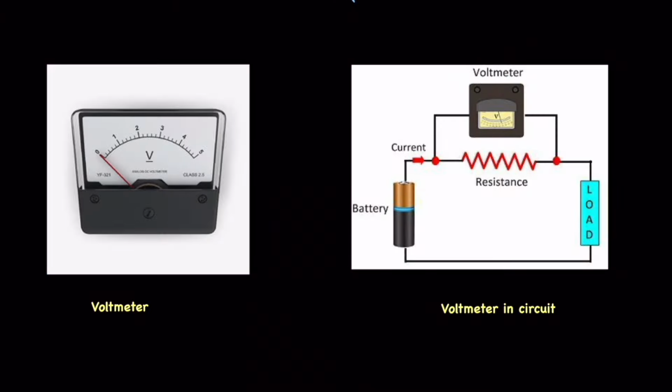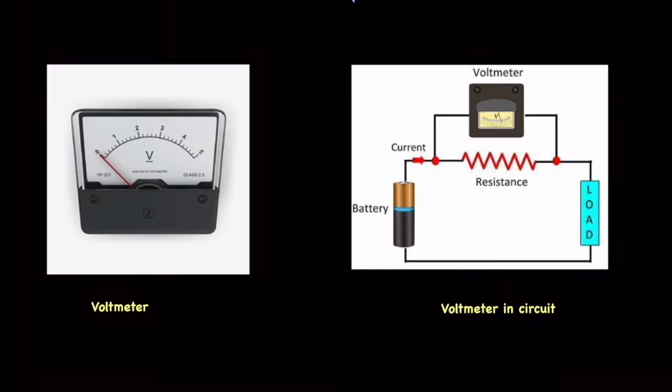This is a figure of a voltmeter and how the voltmeter is connected in the circuit. You see that this is the battery and it has a positive and a negative end. Current is moving from the positive end, and at these two points, the two ends of the voltmeter are connected. This type of arrangement is called a parallel arrangement.